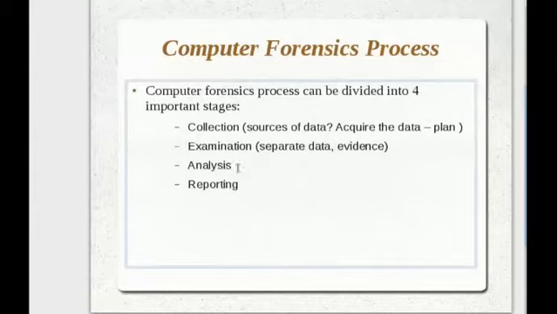At this stage you need to finalize the evidence. You need to create the link between the events, the names, the people, the places, so that you can draw the conclusion, because in the last step, the reporting step, you need to present the conclusion.